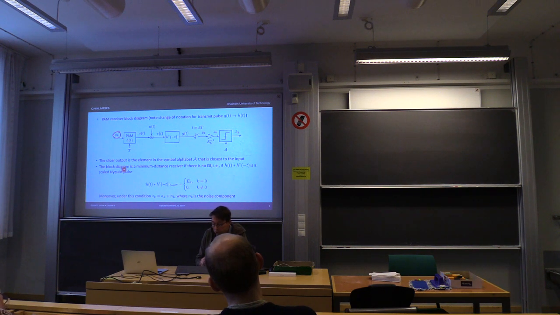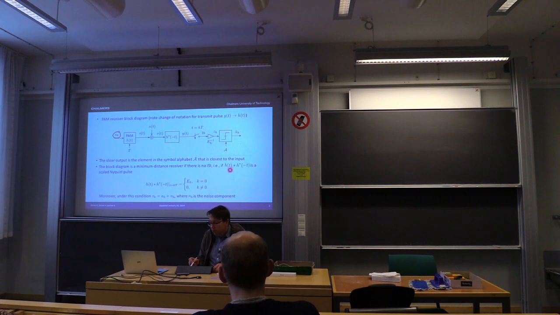Then one can show that this block diagram is a minimum distance receiver if there is no intersymbol interference. So with that statement, we mean that if h of t convolved with the impulse response, which is h conjugate of negative t, so time reversed version of h, if this is a scaled Nyquist pulse, then there is no intersymbol interference. So what does that really mean? Well, it means that if we take h convolved with h conjugate of negative t, we sample that every T seconds, then only one of those samples is non-zero.